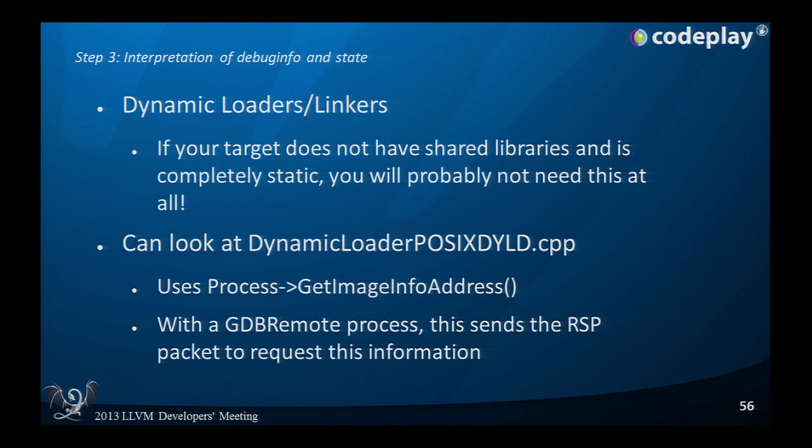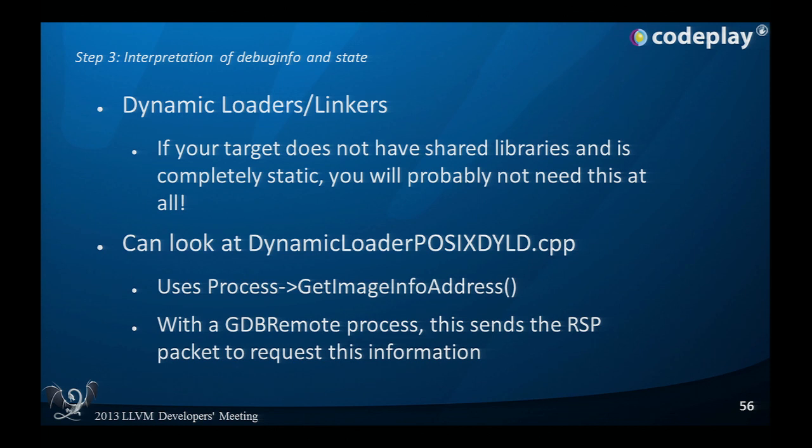That's why pulling files from the target is very important, because if you've got a dynamic thing that's loaded, we can then pull it over to LLDB and load its debugging information from step 1, and then debug inside it. So if your target doesn't have shared libraries, if it's all static, then you probably don't need this.